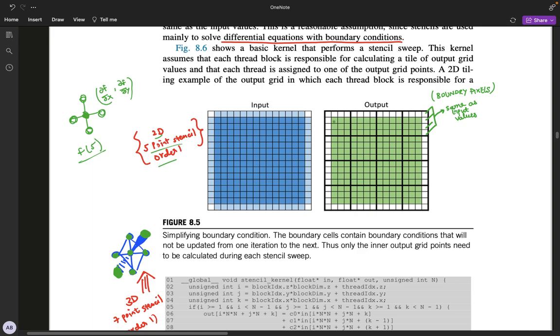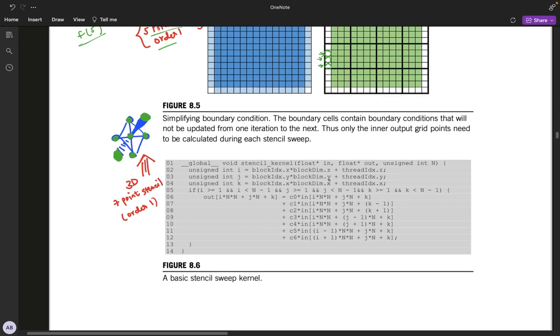For example, if we want to find the value here, we'll need the pixels here, here, and here. So all of the blue pixels highlighted are the pixels that will be used in the computation. But we won't be computing the output values for these pixels, because these are outside the boundary condition of the PDE.